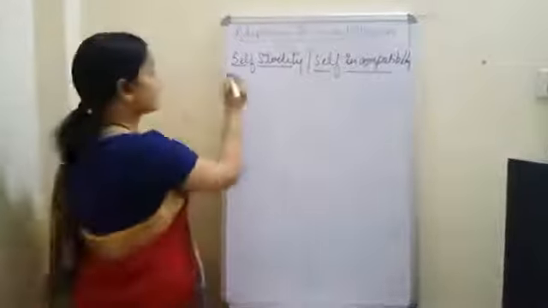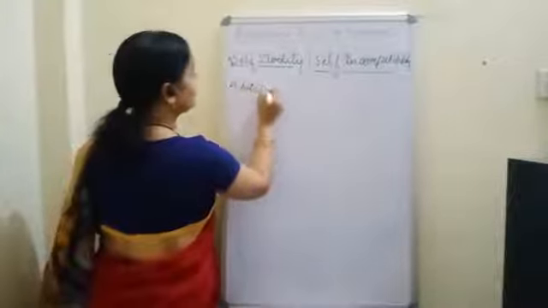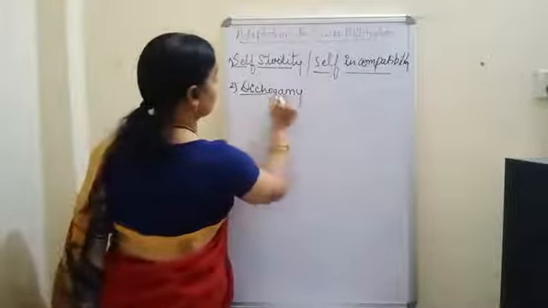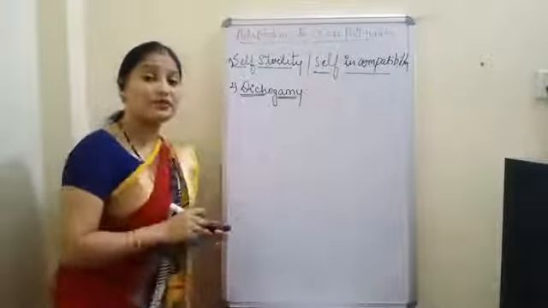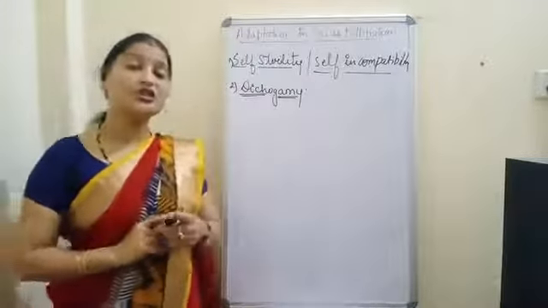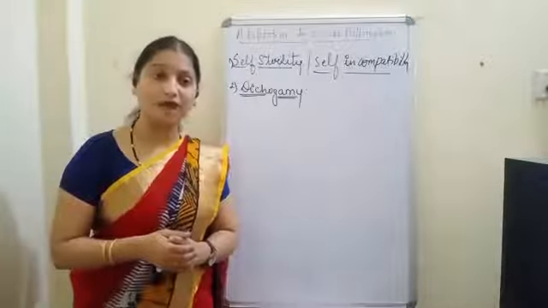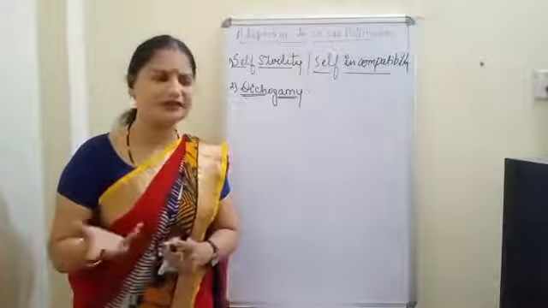Now, the next condition is dichogamy. And the meaning of dichogamy is maturation of the male and female parts of the flower at different times. Now very simple.